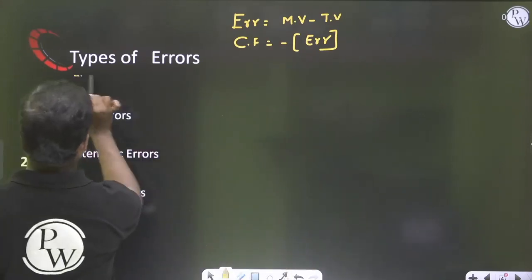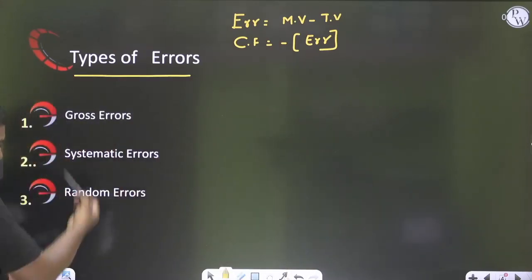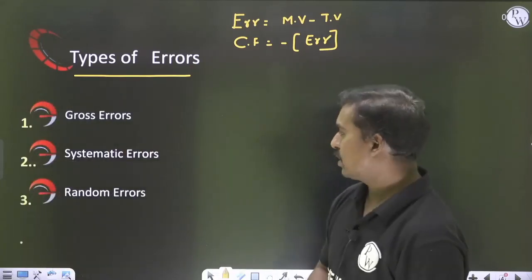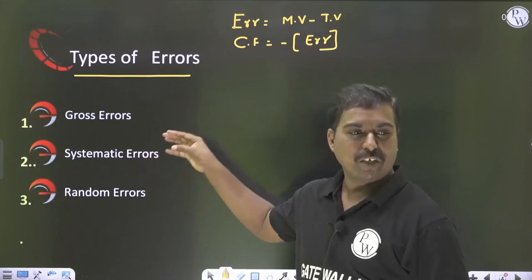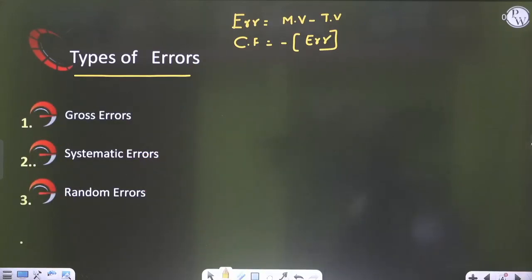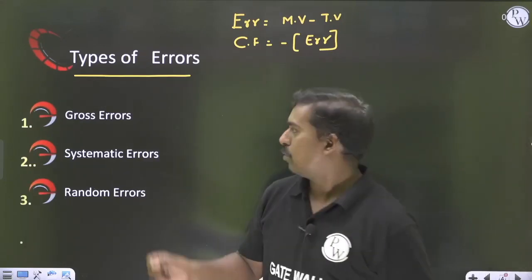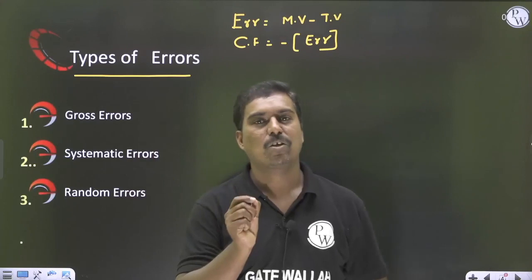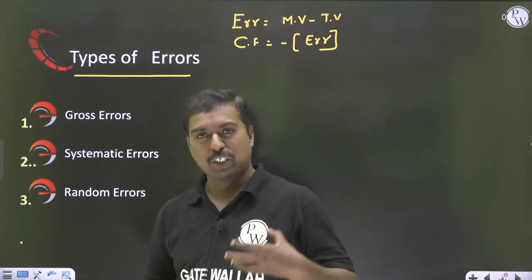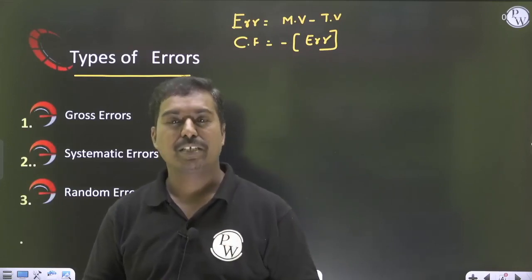The types of errors are theoretical. There are 3 types of errors: one is called gross error, second is systematic errors, third is random errors.